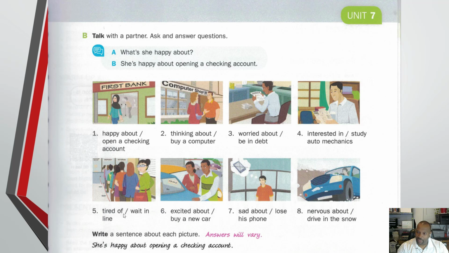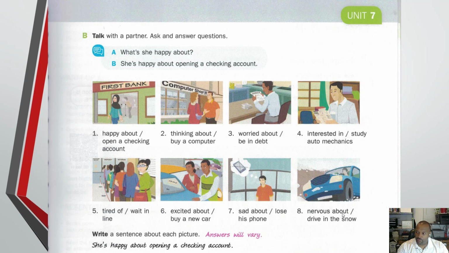What is she tired of? She's tired of waiting in line. What are they excited about? They are excited about buying a new car. What is he sad about? He's sad about losing his phone.